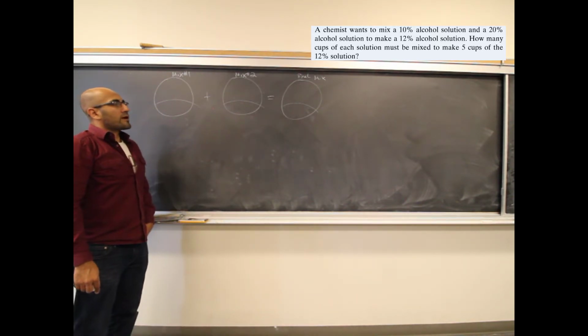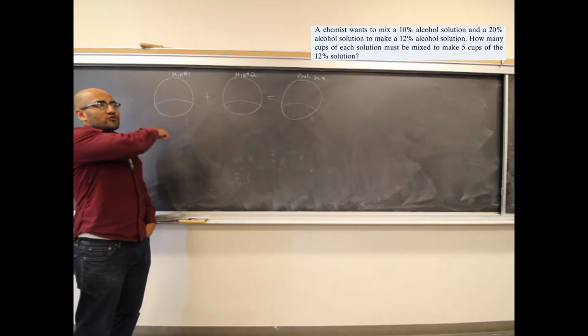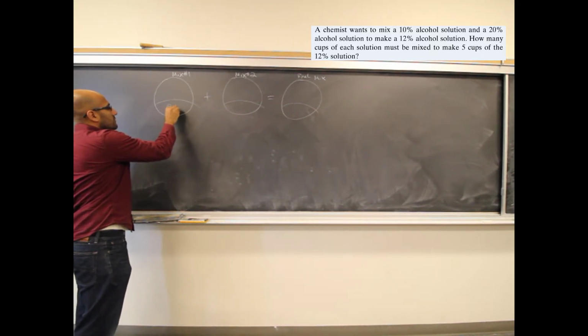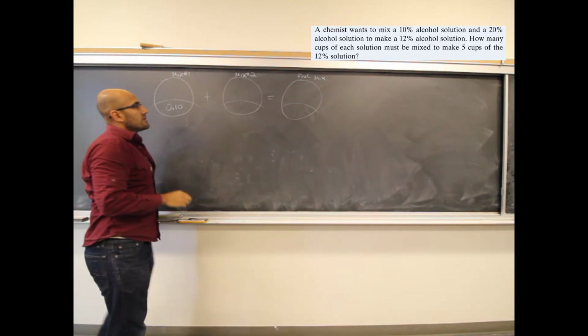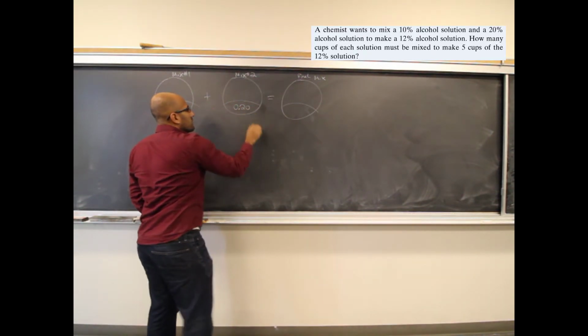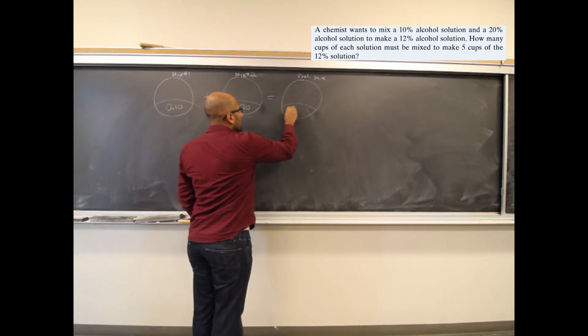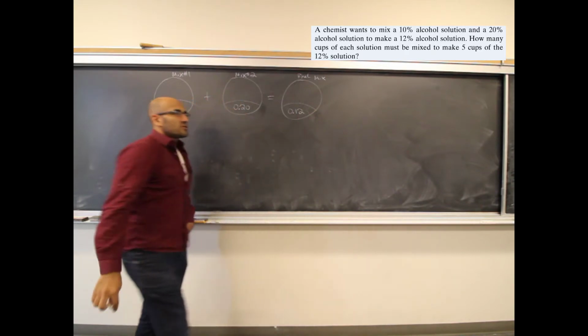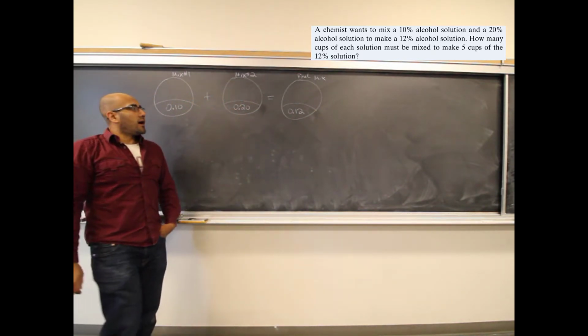So what should we put where? First mix is 10%. Okay. Second mix is 0.20. And my final mix needs to be 0.12, 12%. Good. Okay.